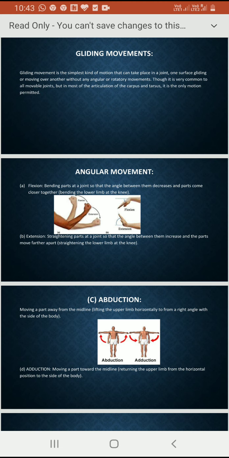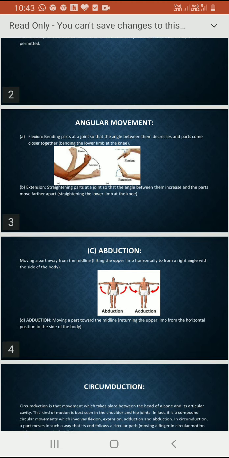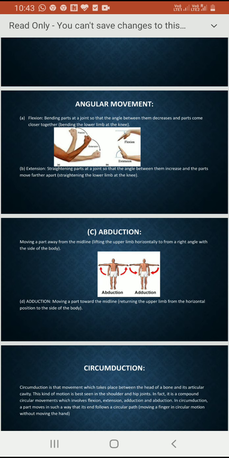Next, abduction. Abduction is moving a part away from the midline, for example lifting our upper limbs horizontally to form a right angle with the side of the body. So basically, moving a part away from the midline is called abduction, and adduction is moving a part toward the midline.